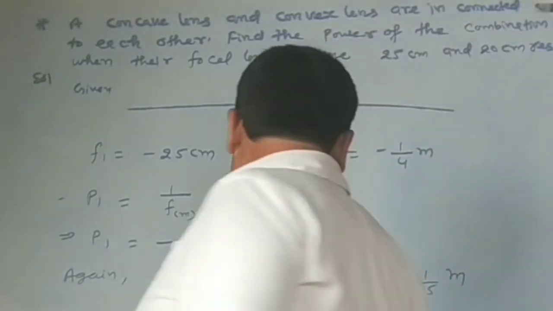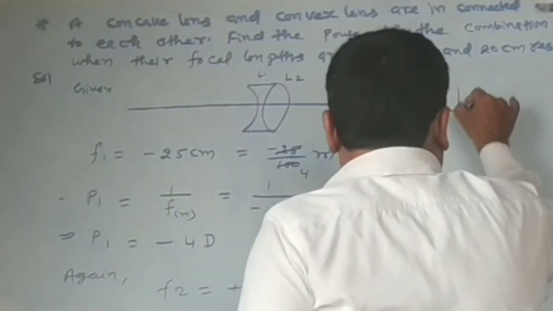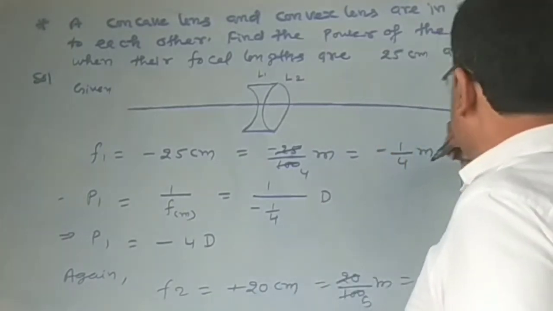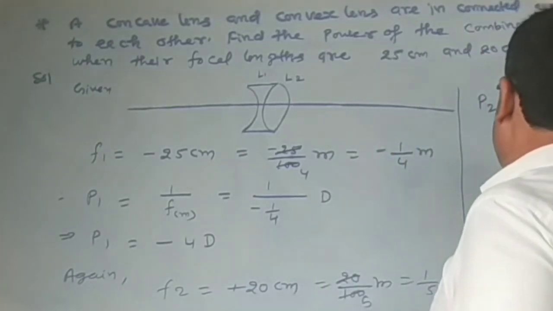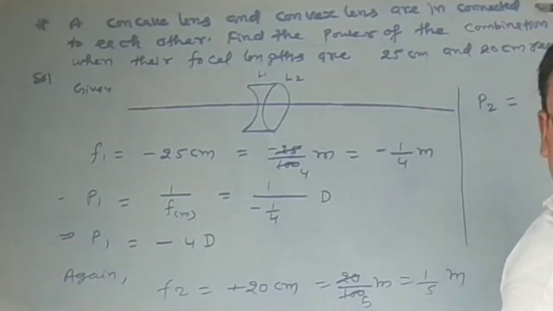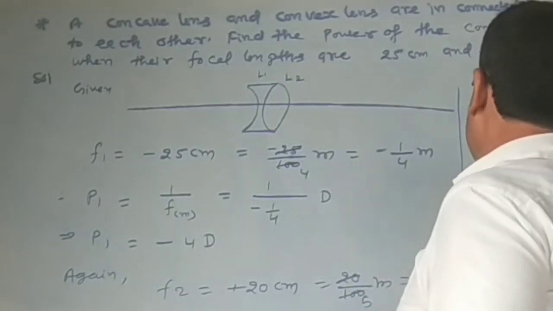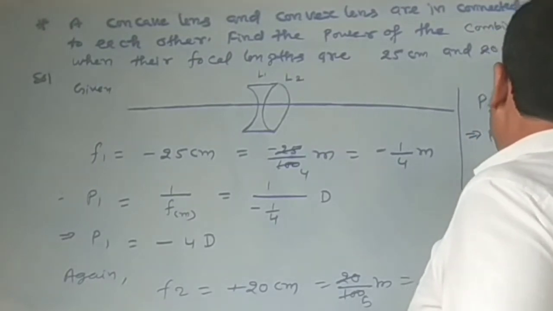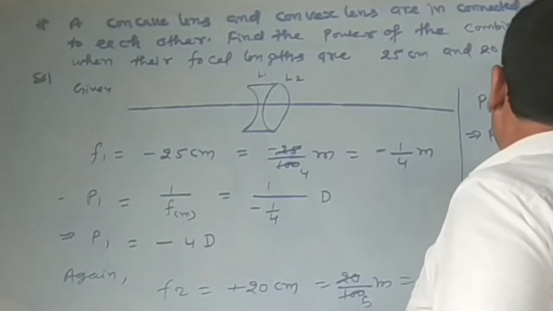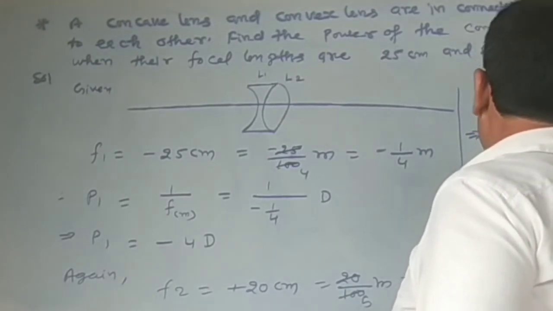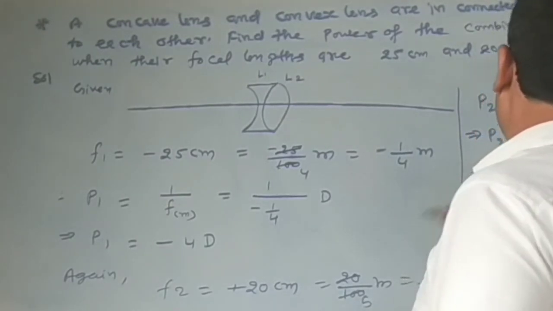Okay. If P2 be the power of convex lens, then P2 will be equal to 1/F2 when F2 is measured in meter. That implies P2 is equal to 1 by 1/5 D. Therefore, P2 is equal to plus 5 D.